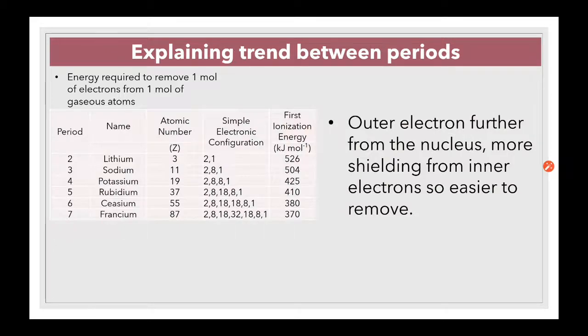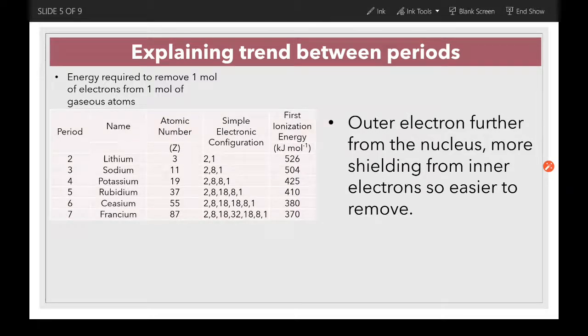First thing I want to do is just go back and look at what happens as we go down groups, or between periods, because that's what we're doing. So period 2 over here, we've got lithium, then period 3 sodium, so this is the period that we're interested in. And as we go down the groups, we can see that the first ionization energy decreases. It becomes easier to remove the outer electron. So this comes down to atomic size, so it's the distance from the nucleus.